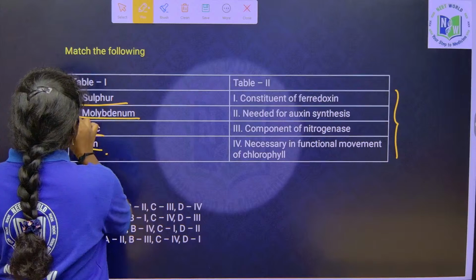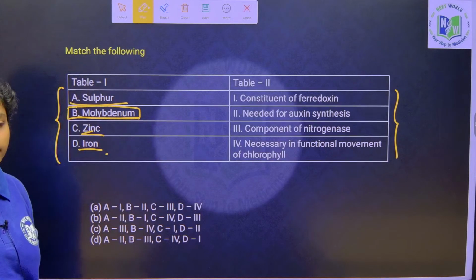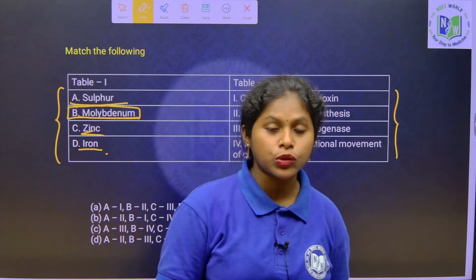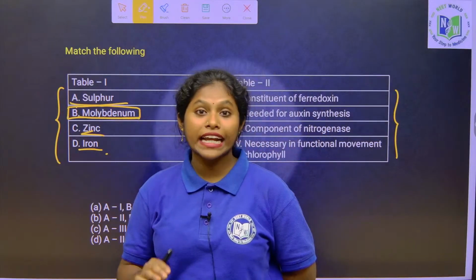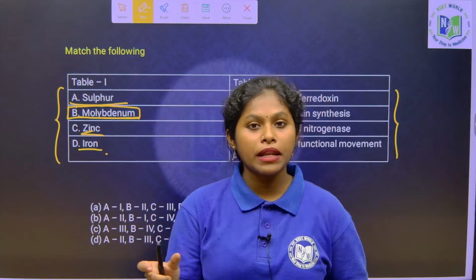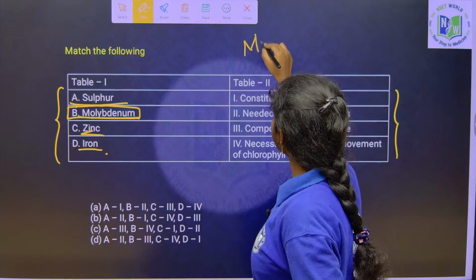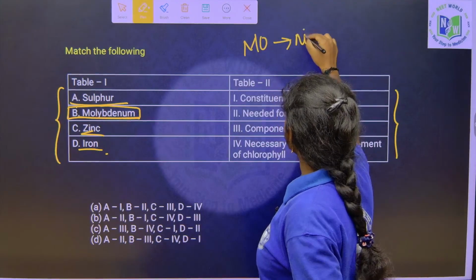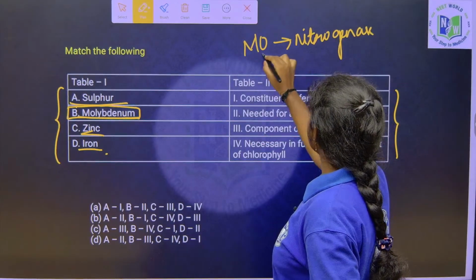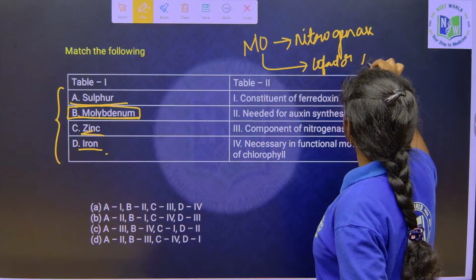So we all know, in the previous class we studied about nodule formation, right? For nodule formation, students, the enzyme that should be active in the prokaryotic organisms is the nitrogenase enzyme. In that, the main components are molybdenum and iron. Molybdenum is the main component for the nitrogenase enzyme, and it also acts as a cofactor for nitrate reductase.